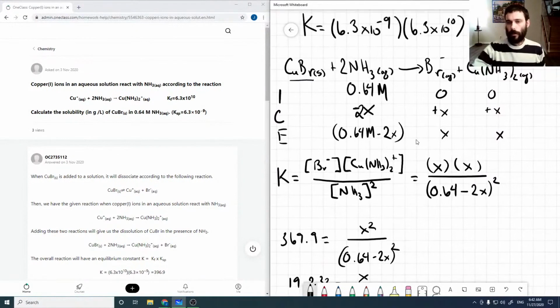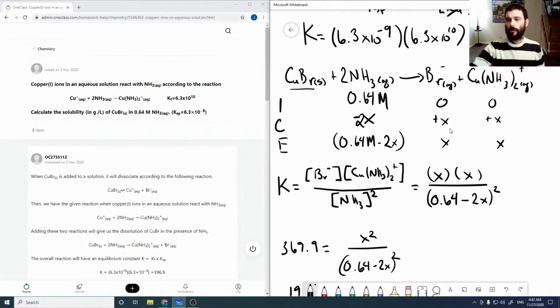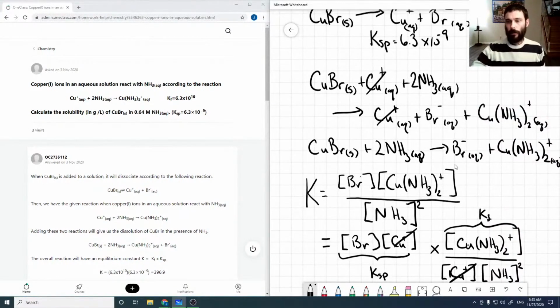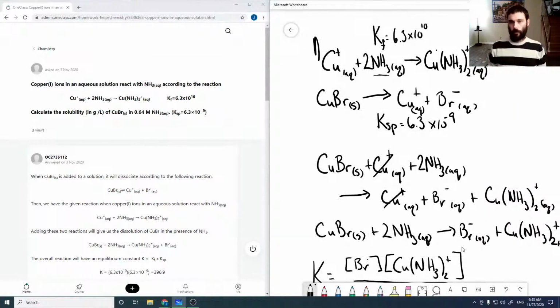So now looking at the equation we've got, that X is the concentration of our bromine and our copper ammonia, and our ammonia is some factor that depends on X. We're looking for our solubility, which is defined as the amount of moles of copper bromide that go into solution, and there's a 1-to-1 relationship with the bromine ion.